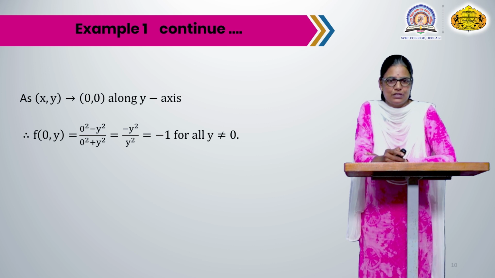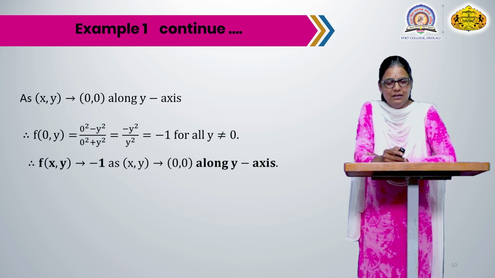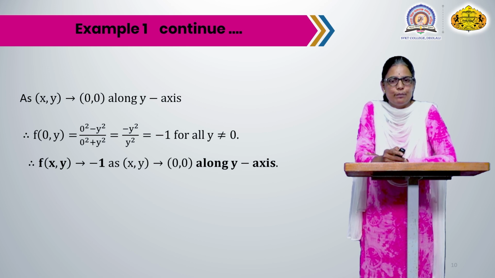Again this is a constant value, so the limit is also the constant; we say that here the limit of f(x, y) is −1 as (x, y) approaches (0, 0) along the y-axis.